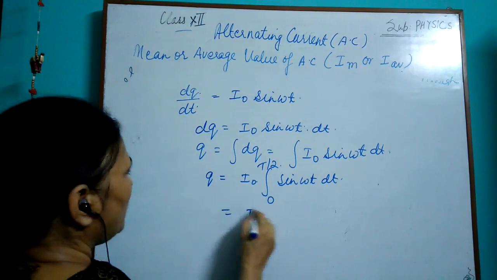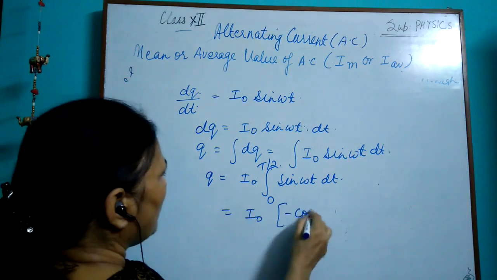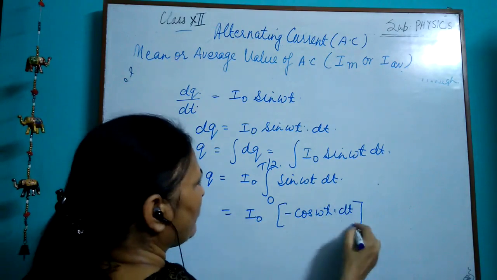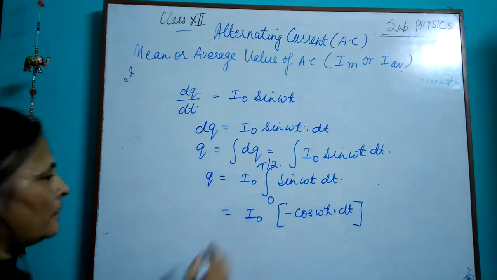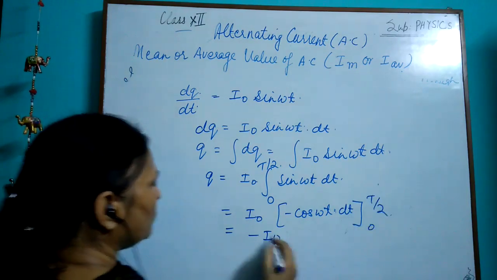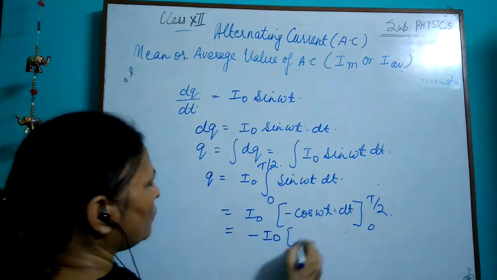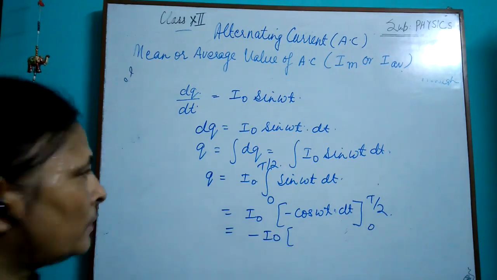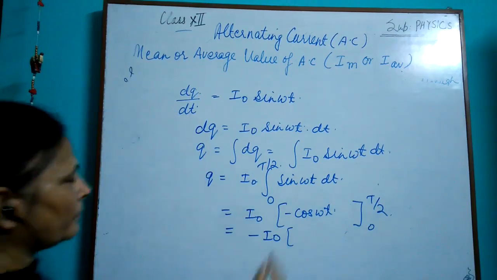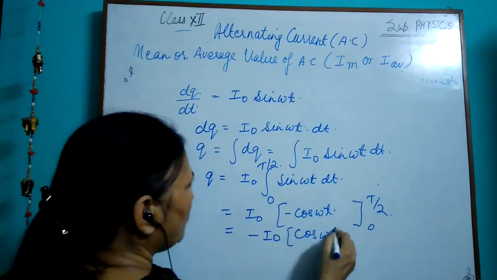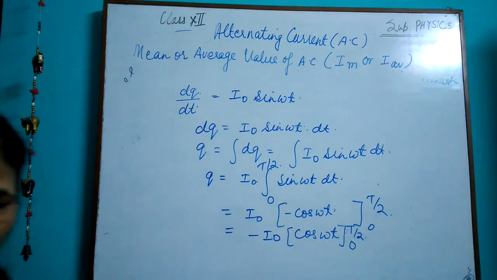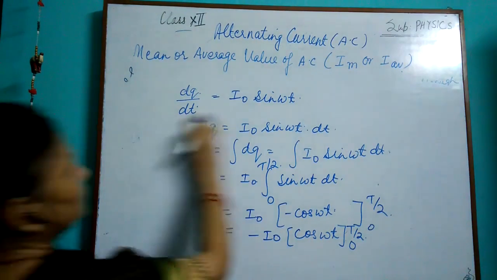This is going to give me I naught into minus cos omega T, which is minus I naught cos omega T, 0 to T by 2.